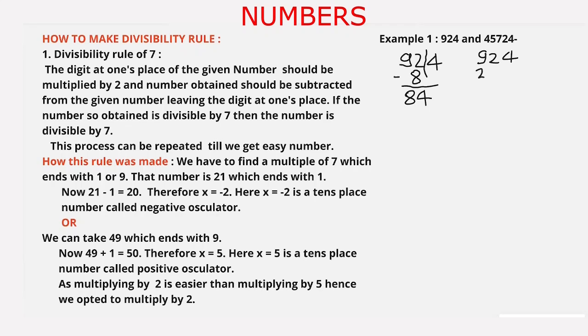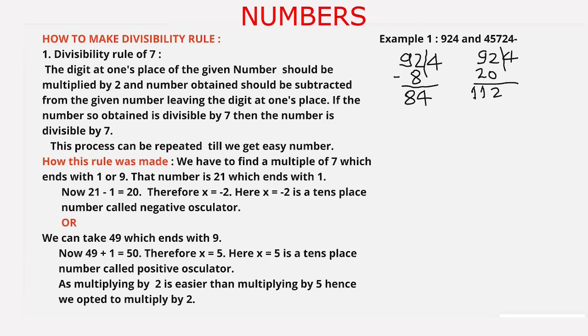We add 20 to 92 after leaving 4. On adding we get 112. Now 112 is divisible by 7 as 16 times 7 is 112. So 924 is divisible by 7.